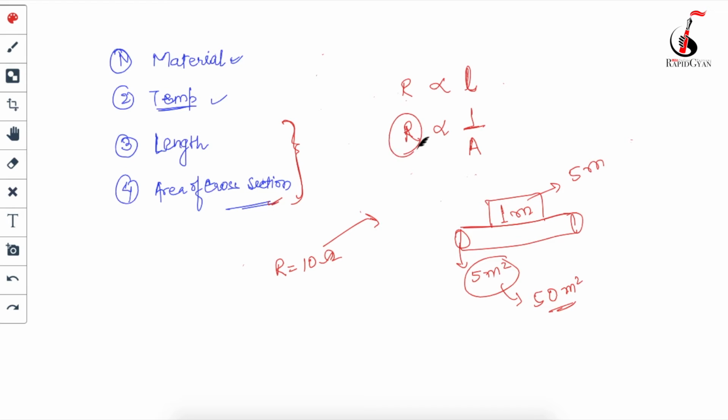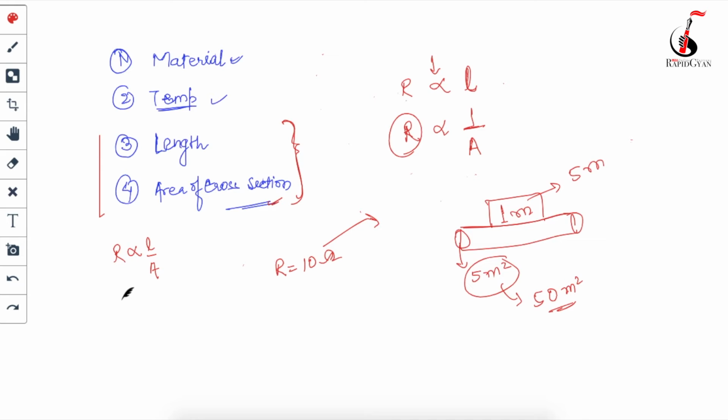So remember, more the length, more the resistance; more the area, less the resistance. Got it? So these are the two things, and of course here also I am getting the proportionality sign. So can I write this, beta? R is directly proportional to L upon A, correct?